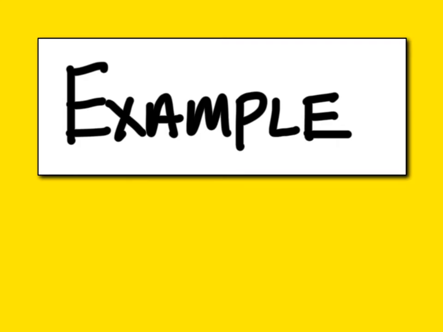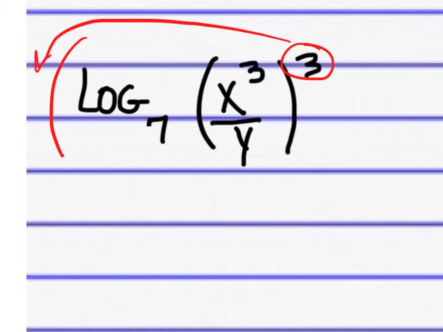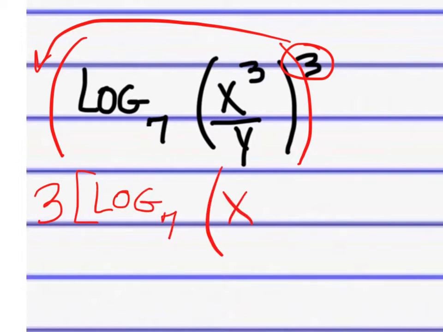Here's another one. You have log base 7 of the quantity cubed of x cubed over y. The first thing you must move is this exponent out here, and it must act upon all of that. So it's 3 times the quantity of log base 7 of x to the 3rd over y, and we still need a bracket here at the end.